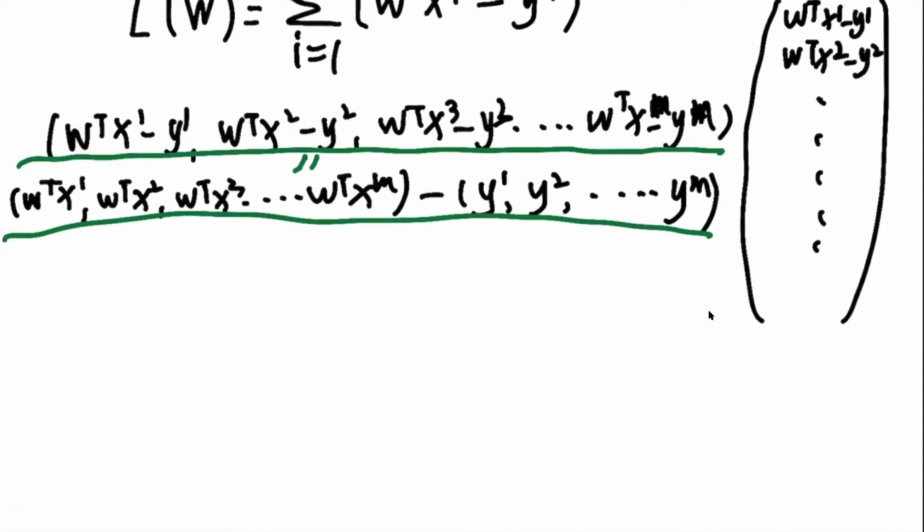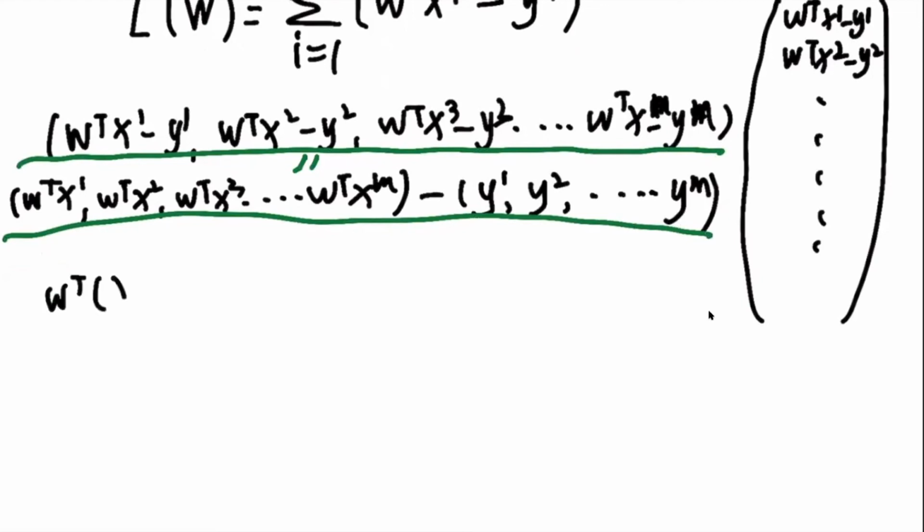And then as for each element, there's a W transpose here. I will factorize it out, pull it outside.